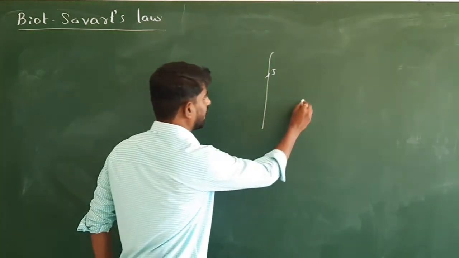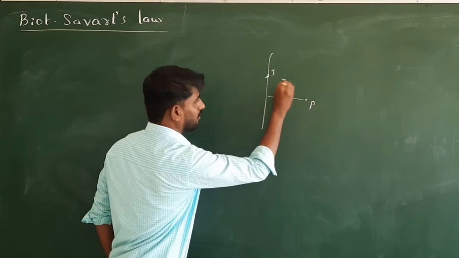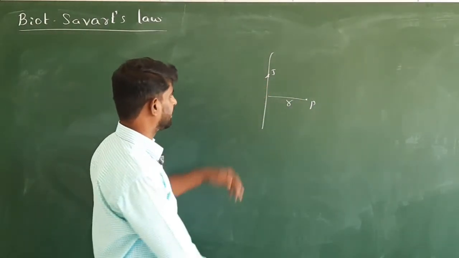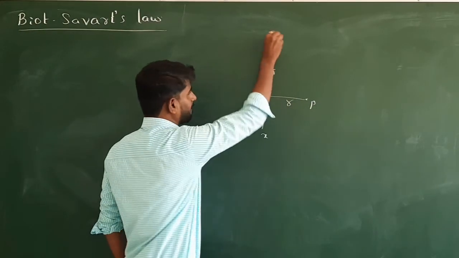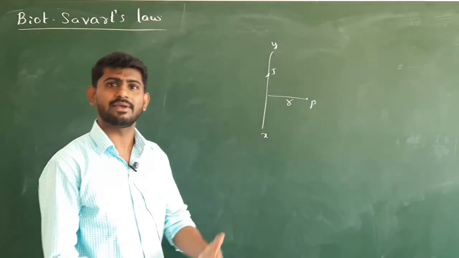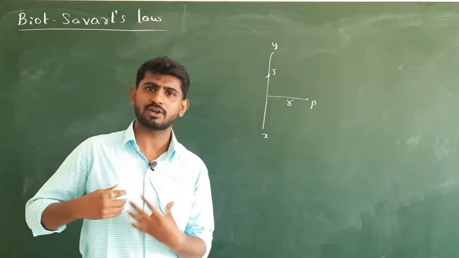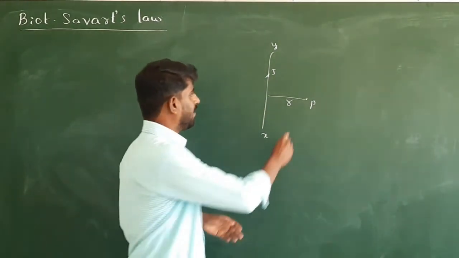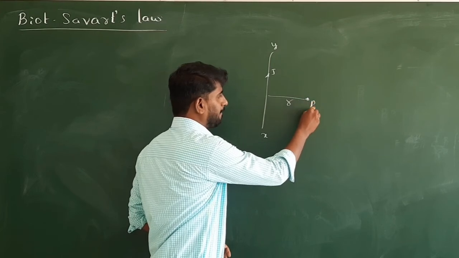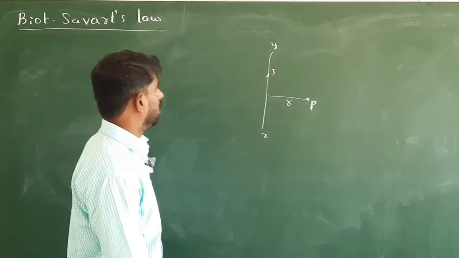Now I want to get the magnetic field at a point P, which is at a distance r from that conductor. Say XY is a conductor having current, meaning it has motion of charges. If so, it has to produce a magnetic field as per our concept.